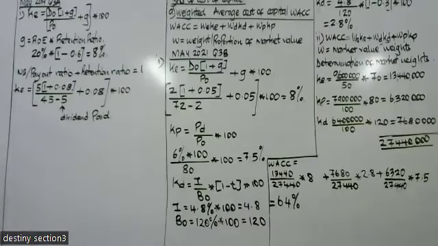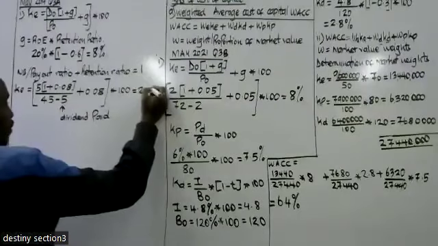What is ex-dividend? The result is 21.5 percent.